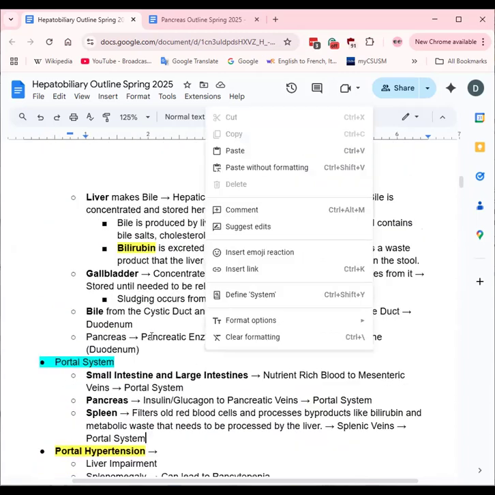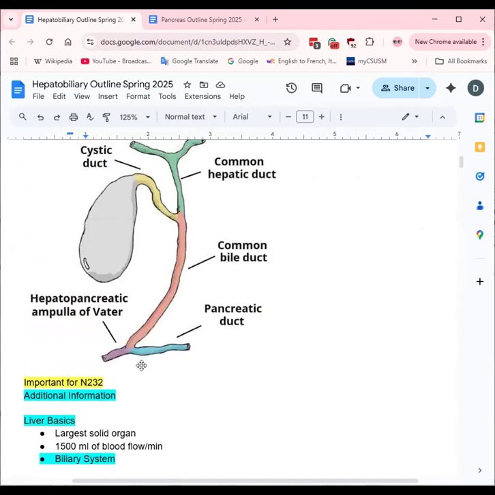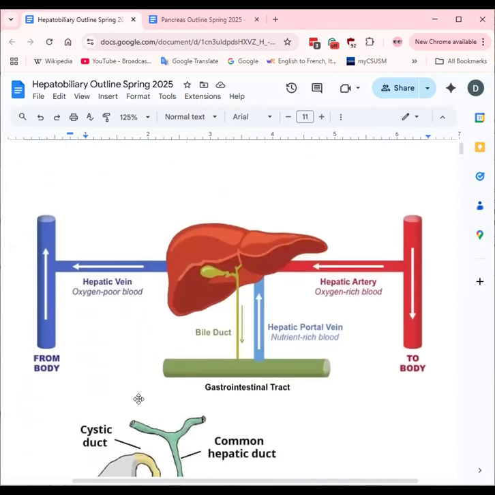So what is portal hypertension? Similar idea to other types of hypertension. You have this hepatic portal vein that provides nutrient-rich blood to the liver. So it's one of the things that the liver needs in order to function properly. If you recall, your liver has that thing called the first pass.